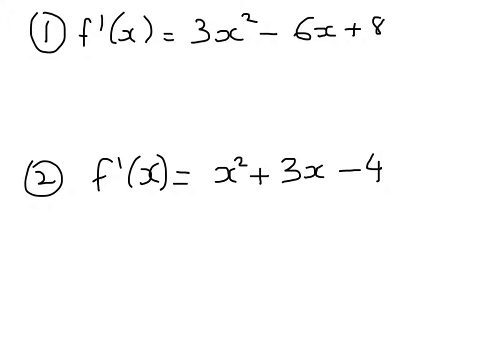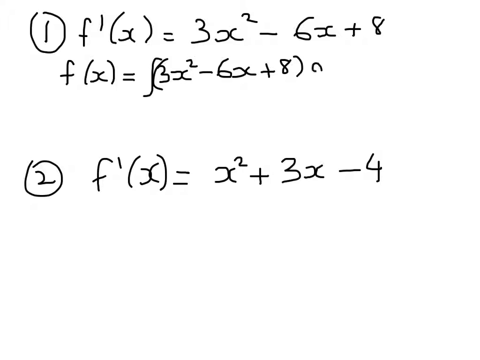That'll do. Right, so antidifferentiating, I write this. F of x is the antiderivative, or sometimes we'll say integral, but not very much in Year 12. So f of x is what I get when I reverse differentiate this thing here.